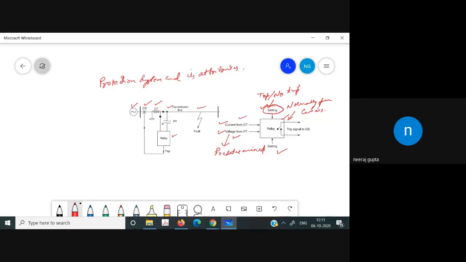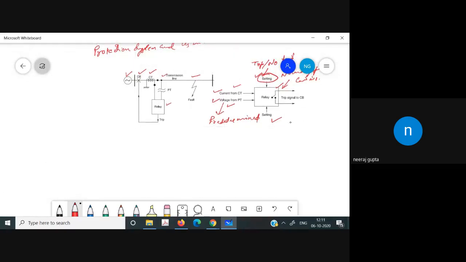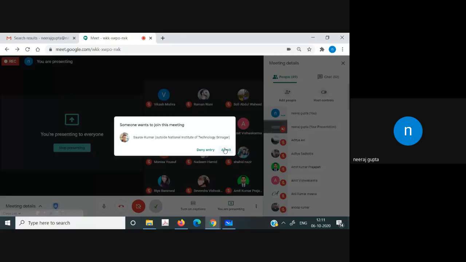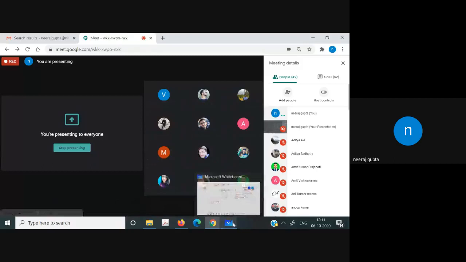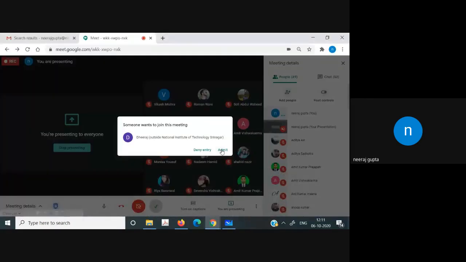Now, there are certain terminologies which you should take into consideration while designing any protective circuit. The first one is sensitivity. What is sensitivity?